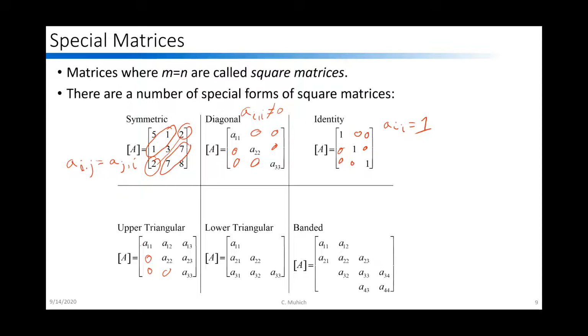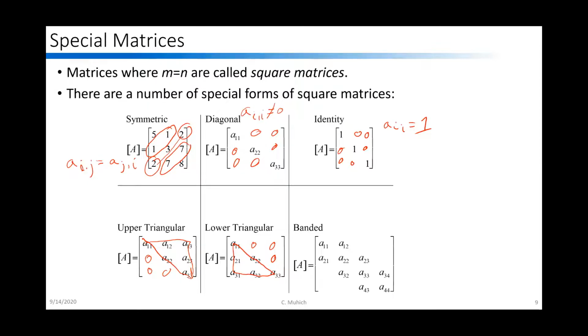It takes its name because the rows and columns form a nice triangle, and everything else is 0. There are non-zero elements on the diagonal and above that diagonal. It's called upper triangular because the upper rows are filled and the lower rows are empty. Similarly, we have a lower triangular matrix. We once again have this triangle, but this time the lower rows have more elements while the upper rows are empty.